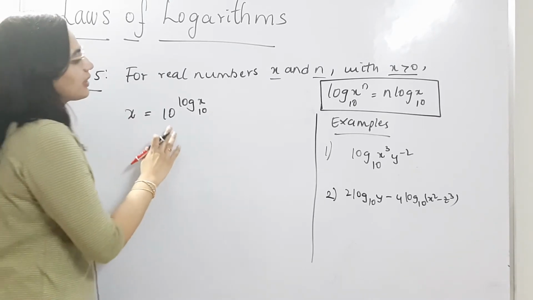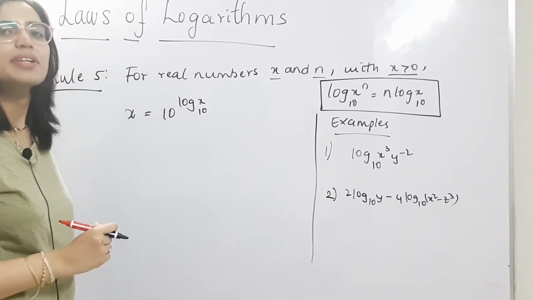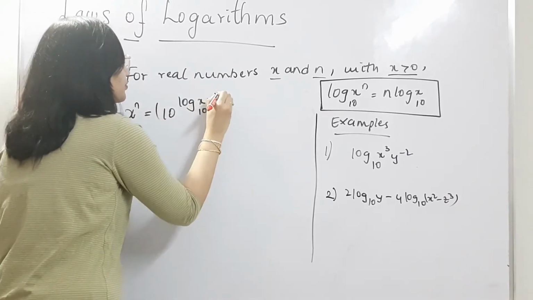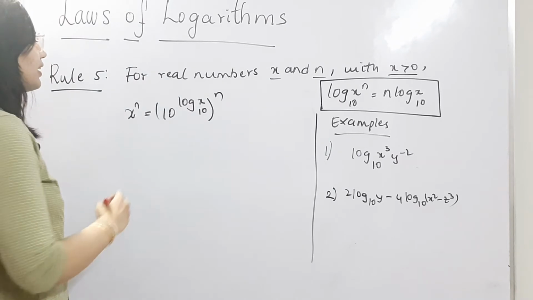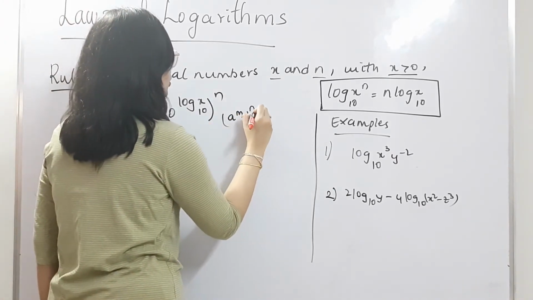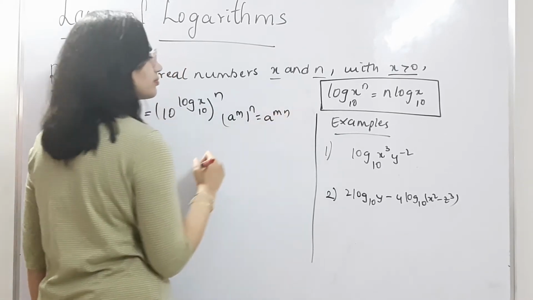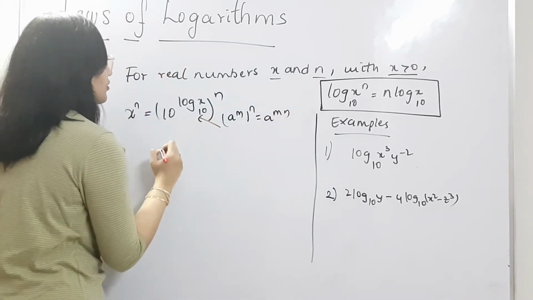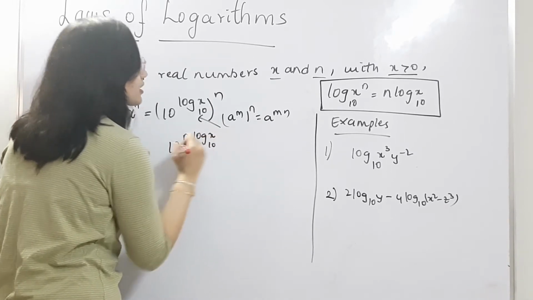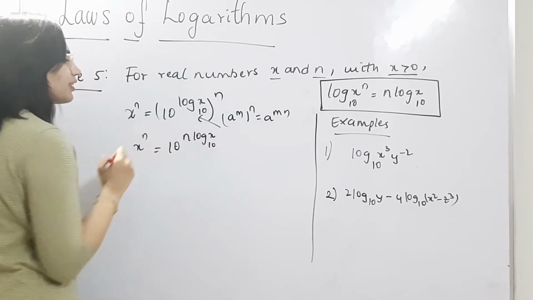We know that 10 raised to the power of log x to the base 10 is x only, right? So, I will add the power n here. Now, using laws of exponents, we know that a to the power of m whole to the power of n is equal to a to the power of mn, right? Apply this here. So, we get 10 to the power of n into log x to the base 10 is equal to x to the power of n.